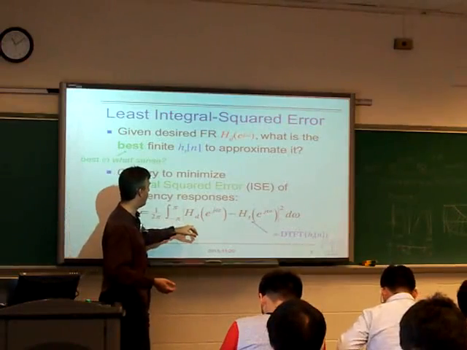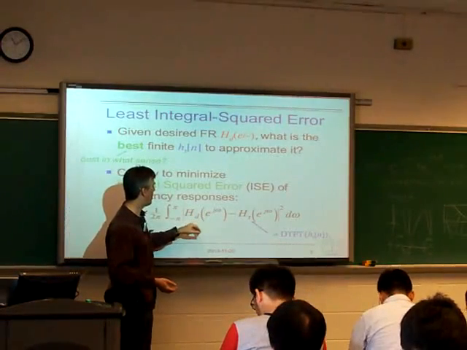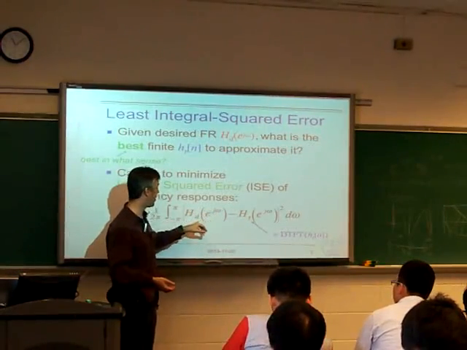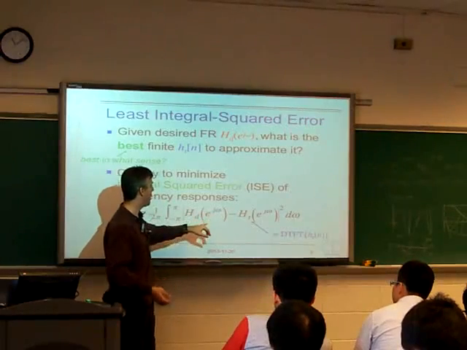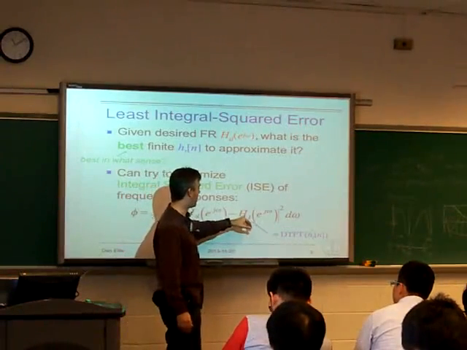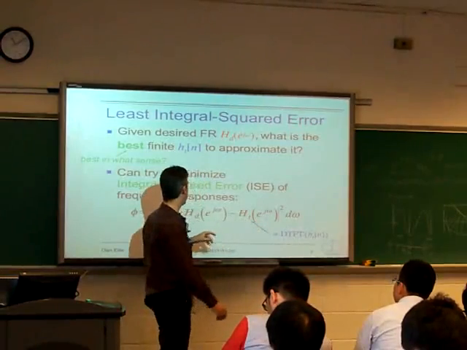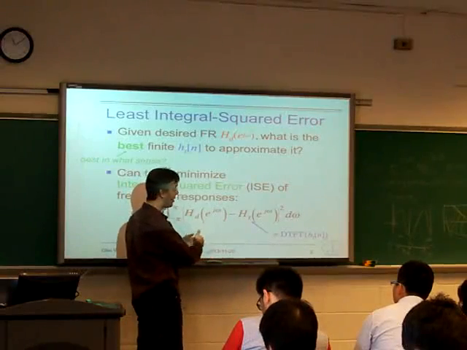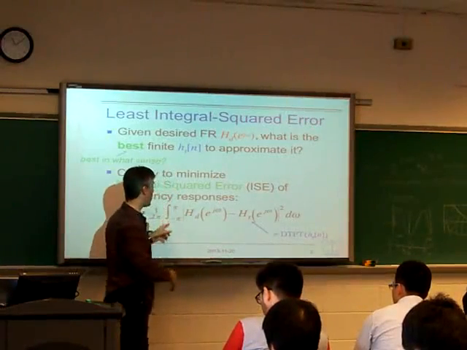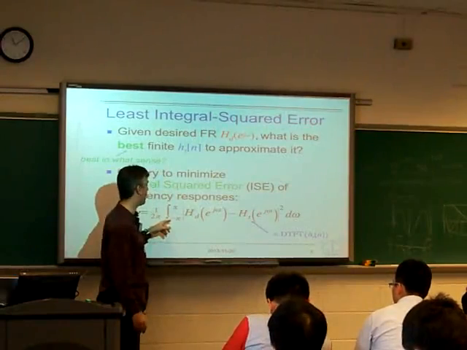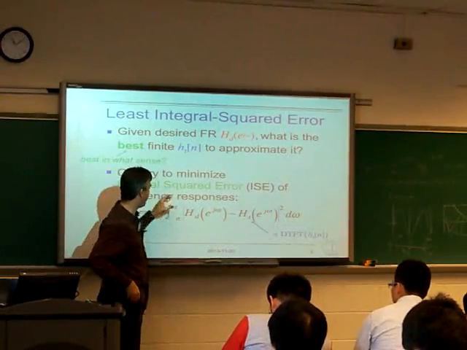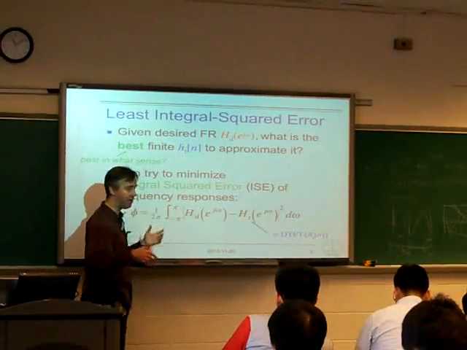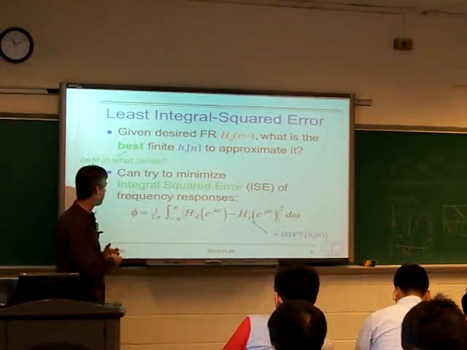We've got a desired frequency response, which we're going to define as H_d of e^{jω}. We've got an actual frequency response, H_t of e^{jω}. We're going to find the difference between them, square that so it's always a positive value, and then integrate that over all the frequencies we care about, which, because it's discrete time, is from minus pi to pi, basically all the frequencies that matter.